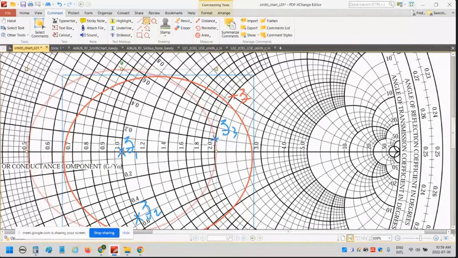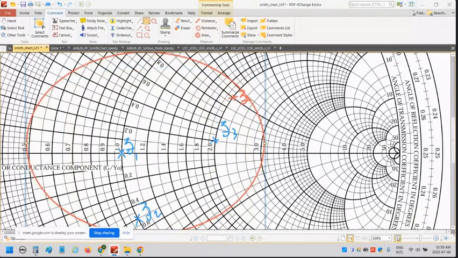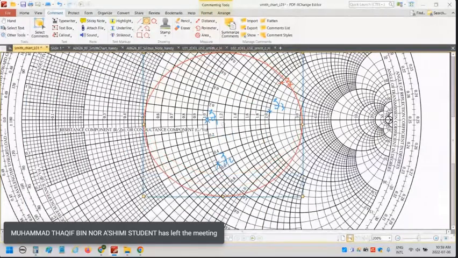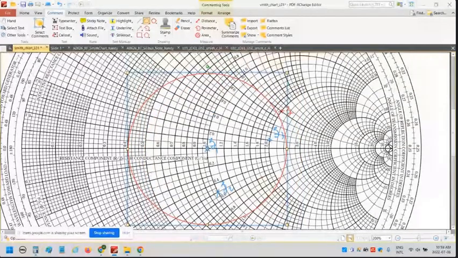The center is here. You just draw a circle using your compass. For this one, you need to print out the Smith chart, and then draw using your compass. This one is the center, and your circle must go through this point.